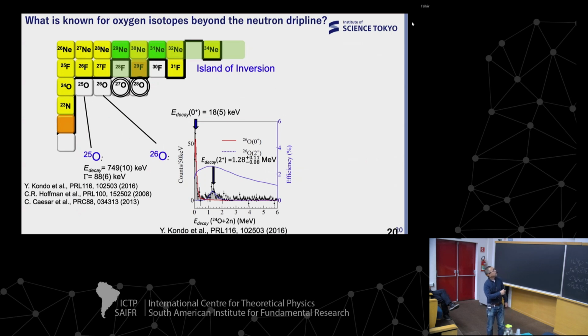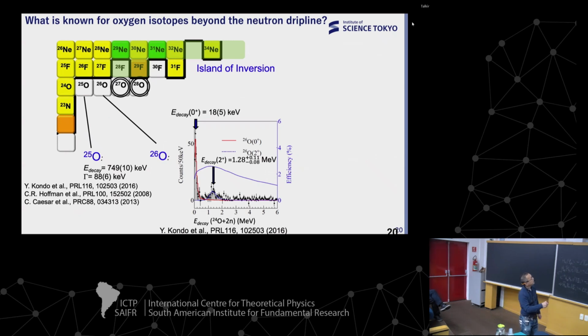So what was known of oxygen isotopes beyond the neutron drip line before our experiment, namely oxygen-25 and 26? For oxygen-25, there were 3 measurements, all consistently showing that the ground state of oxygen-25 is at 750 keV above the threshold, and the width is about 90 keV. This is very simple. And oxygen-26 was a little bit tricky, but finally we could determine the spectrum like this.